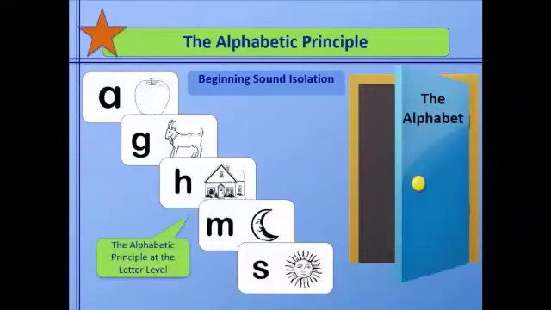So what we learned last week and what I emphasized is the alphabetic principle. The beginning sound isolation opens the door for a young child to learn the alphabet, to understand the alphabet, to master the alphabet. And whenever I talk about alphabet, I'm always talking about the sounds of letters, not the names of letters.